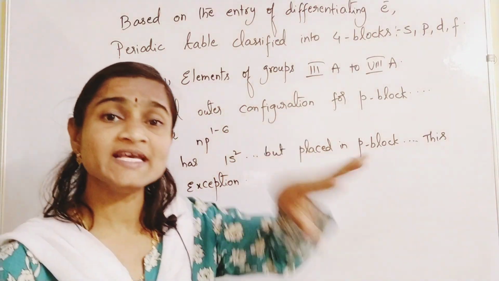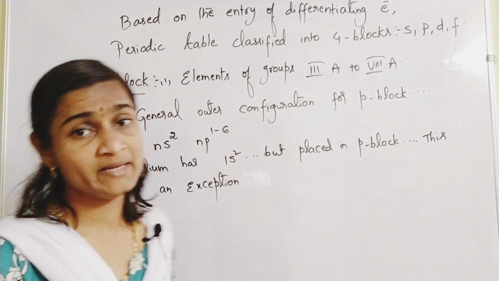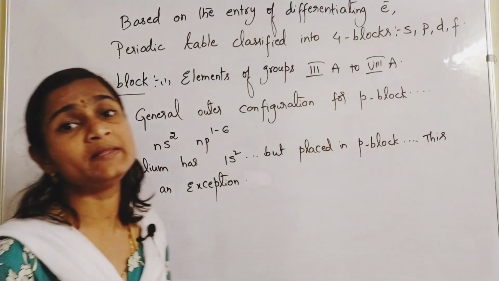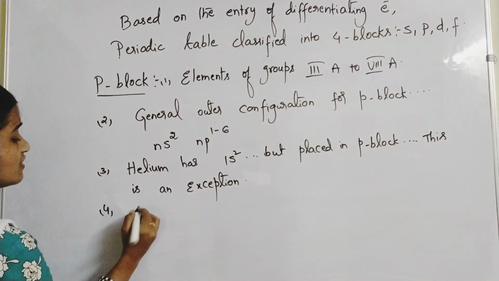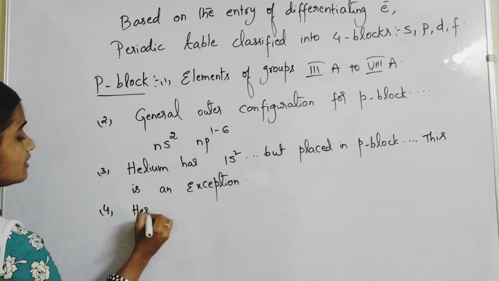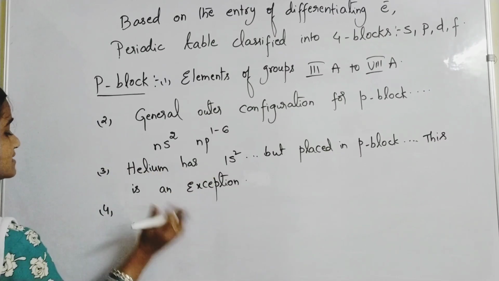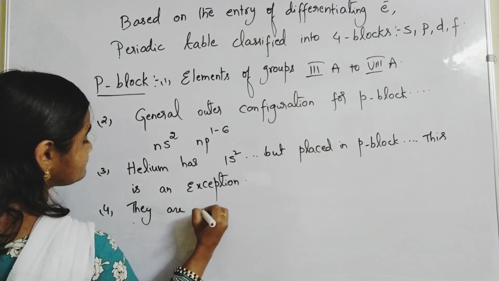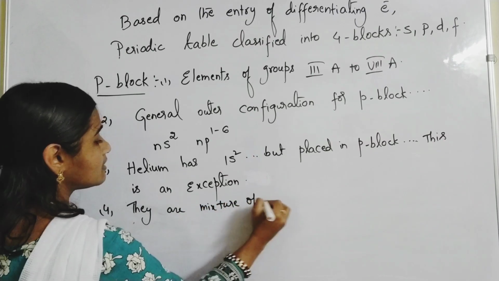But still it is placed in P block and it is placed under 8th A group elements. We have learnt. So these are the general characteristics of P block elements. And P block elements are a mixture of metals as well as non-metals.